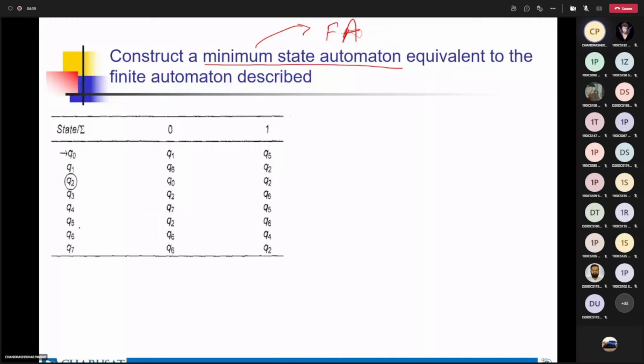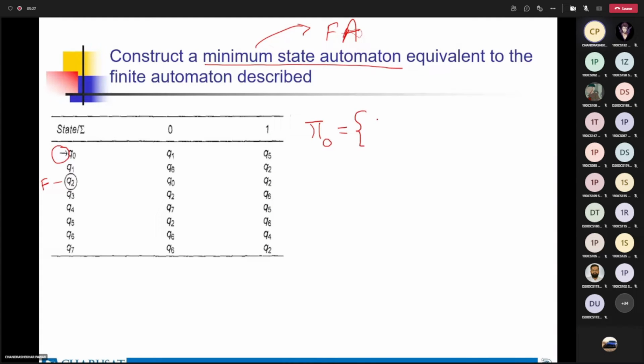So these are the states. As we know, the arrowhead indicates the initial state and a circle indicates a final state. So we have to prepare the sets, and these sets are labeled with pi. Pi 0 is the initial set, and how it is prepared, I will tell you.